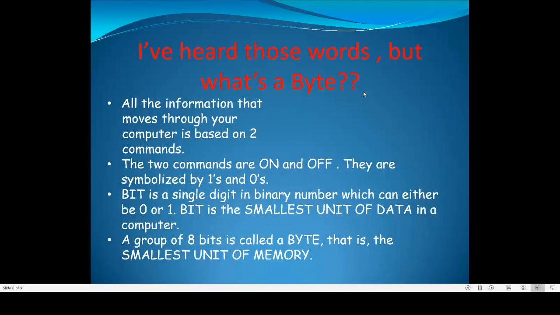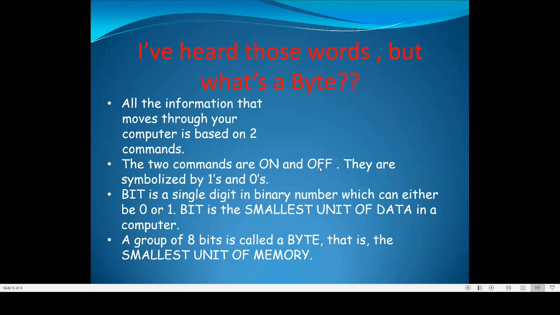Have you heard these words? What is a byte? Do you know what is a byte? Bit, byte, have you heard about these words? Okay, let us understand what are those words. All the information that moves through your computer is based on two commands.